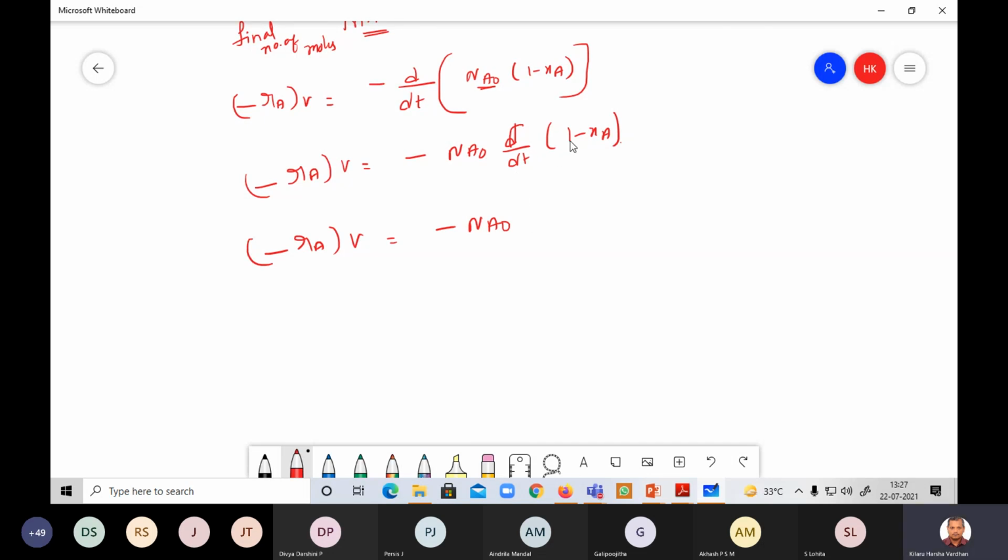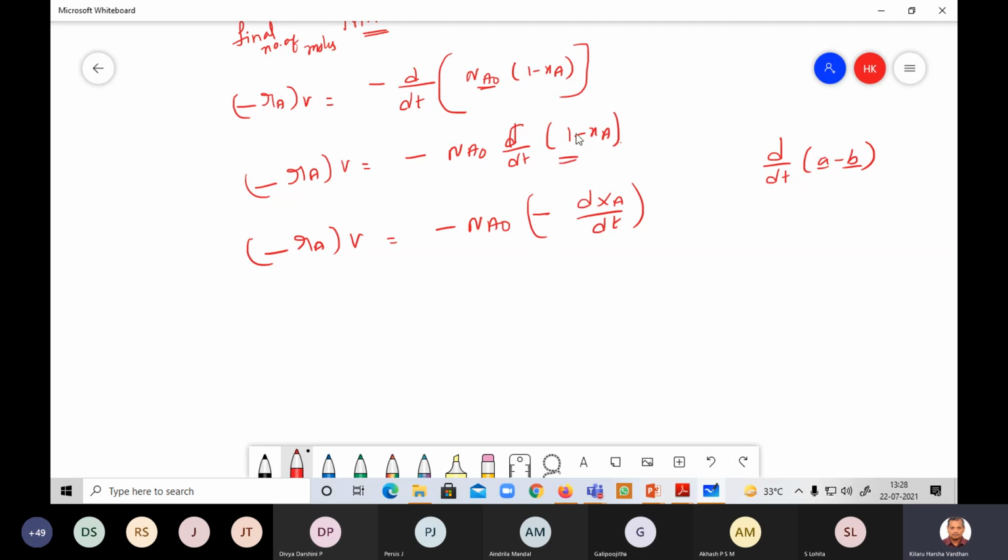It is nothing but d by dt of A minus B, which we can write as differential of A minus differential of B. Correct. So differential of 1 is 0. Minus Xa is minus dXa divided by dt.